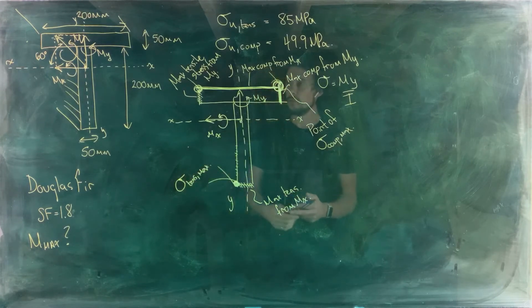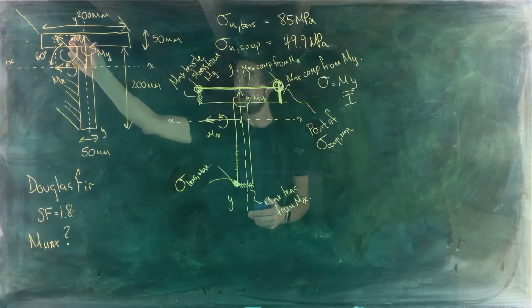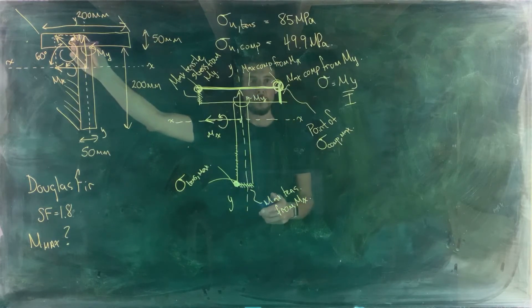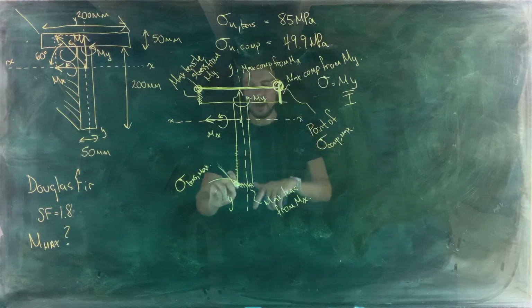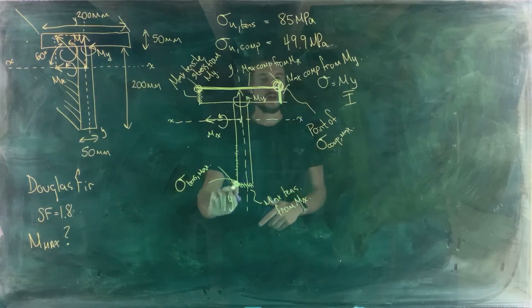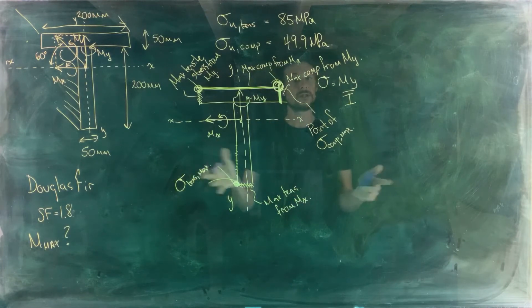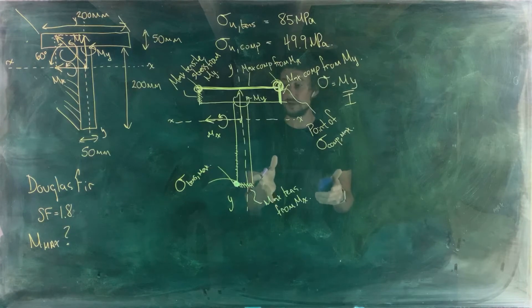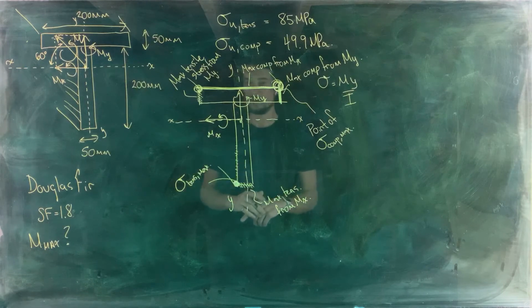So what we're going to do is find the maximum value of M for failure of the wood in compression and for failure of the wood in tension, and then the maximum value of M would be the smaller of those two M values. In order to do all this, we need to figure out some properties of the cross section first.